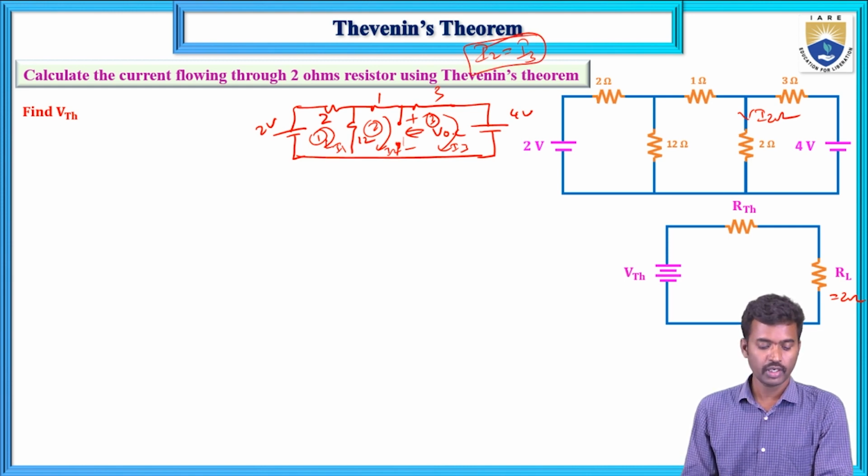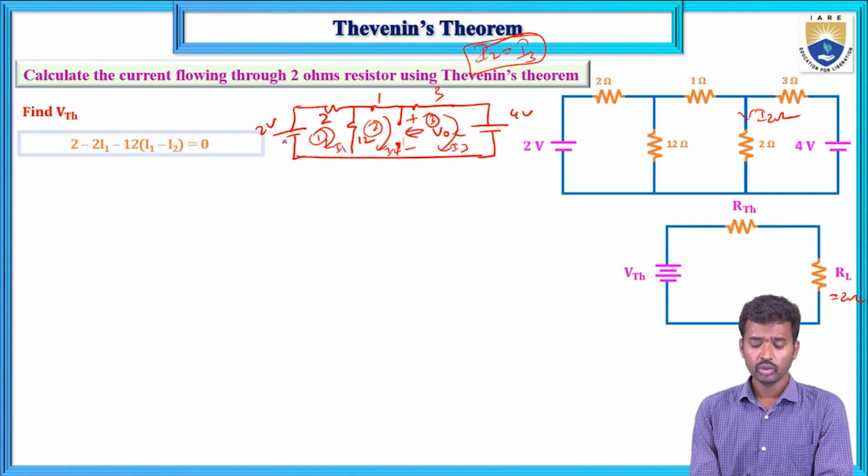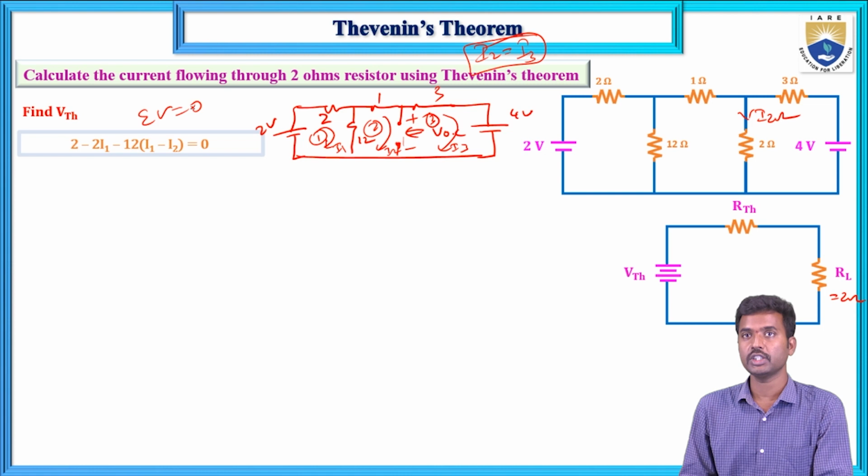If you apply KVL in each mesh, the algebraic sum of voltages in a loop equals 0. For the first mesh: 2 minus 2I1 minus 12 times (I1 minus I2) equals 0.